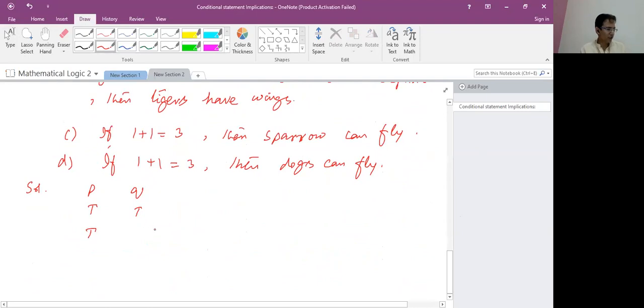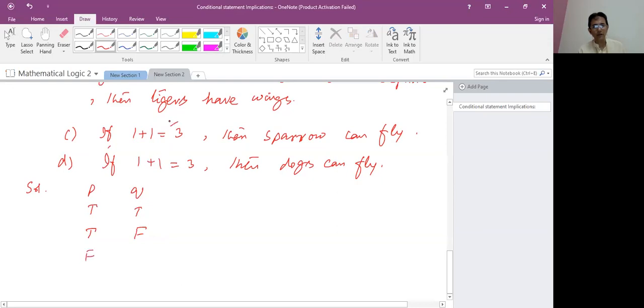Now the second part, tigers have wings, it means it is false. Tigers have no wings. Now the third statement represented here, 1 plus 1 is 3, which is not equal to 3. That's why we write here it is false.